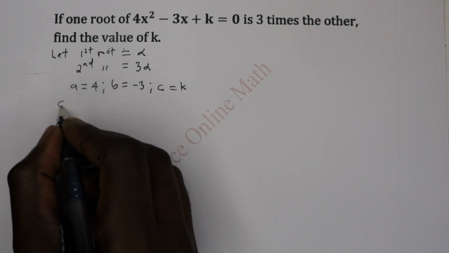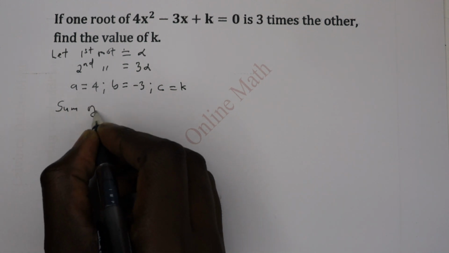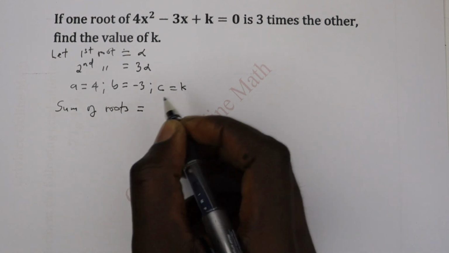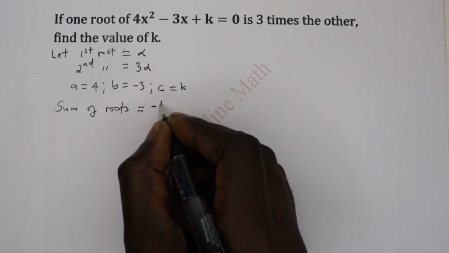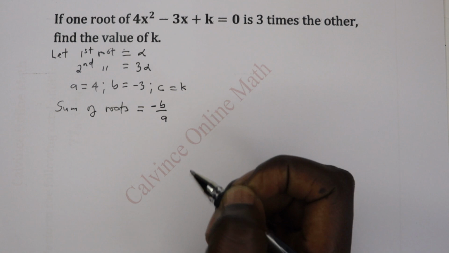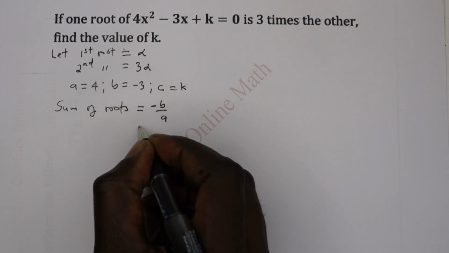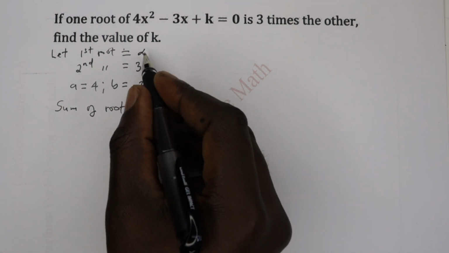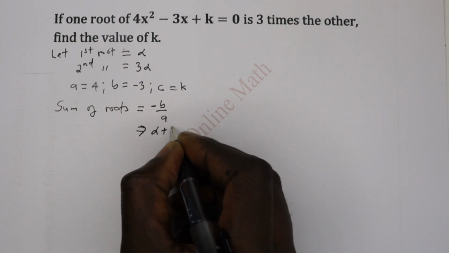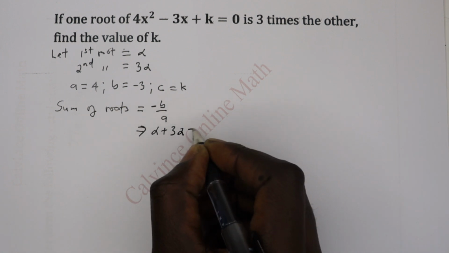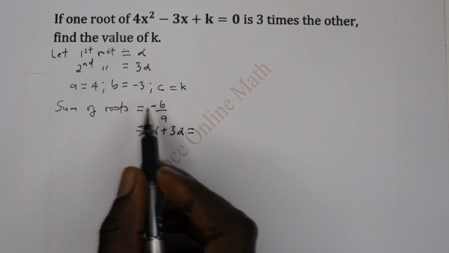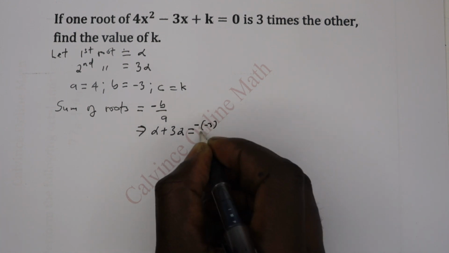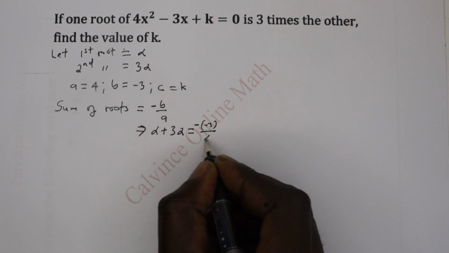Normally, the sum of roots is the same as minus b over a. So we can get this sum of roots from these two. We have alpha plus 3 alpha should be the same as negative b, and b is negative 3, so negative of negative 3 over a, and a is 4.